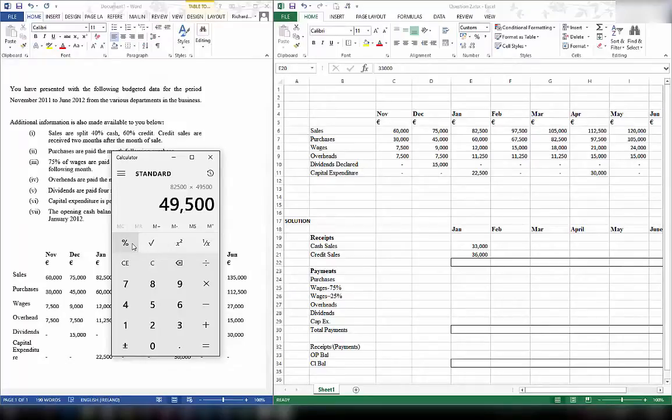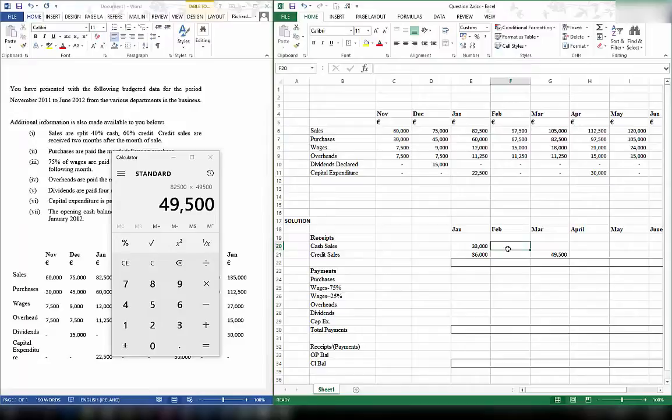And they're paid 2 months after the month of sale, which means that in January, 1 month on February, 2 months on March, we're going to have credit sales received of 49,500. And that's the total amount of sales we received in January: 49,500 plus the 33,000 to give us our 82,500.